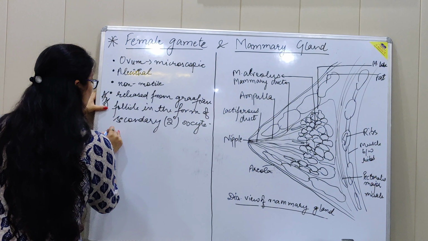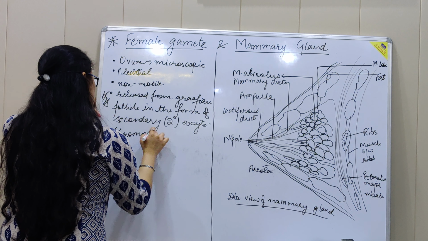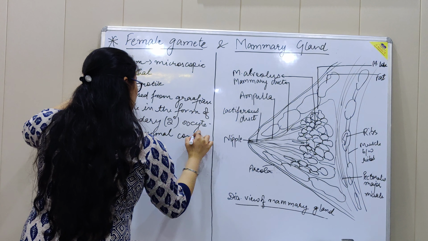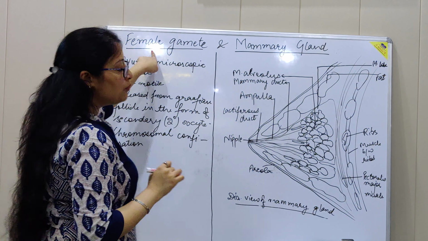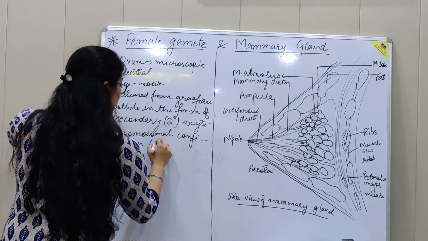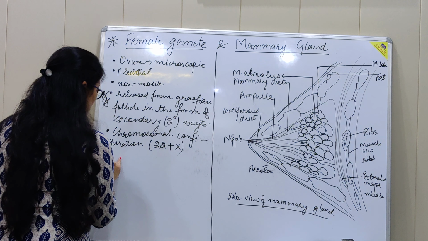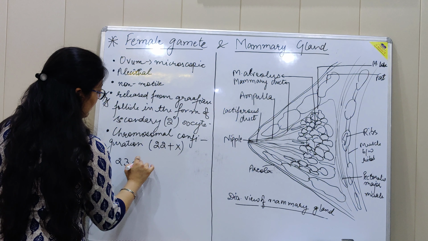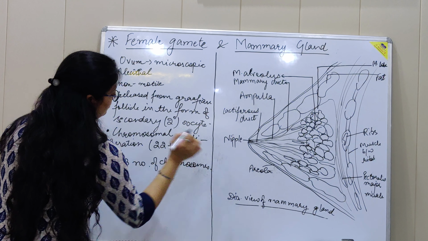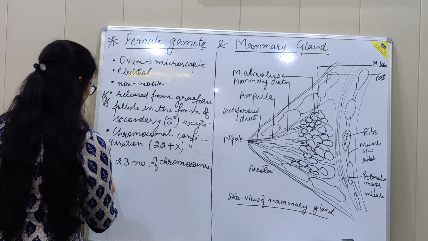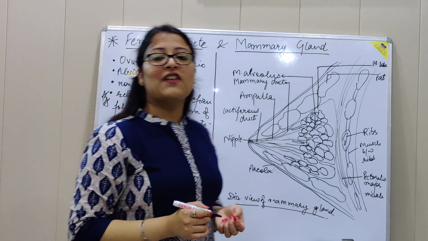Important point. Chromosomal configuration of female gamete is 22 plus X. Number of chromosomes is 23. Plasma membrane is present, that is known as vitelline membrane.